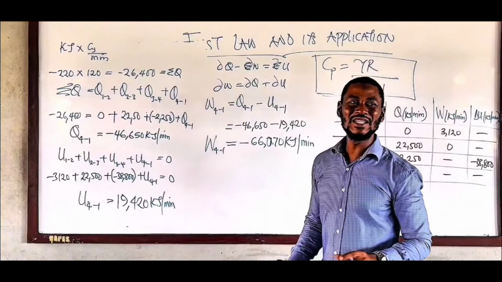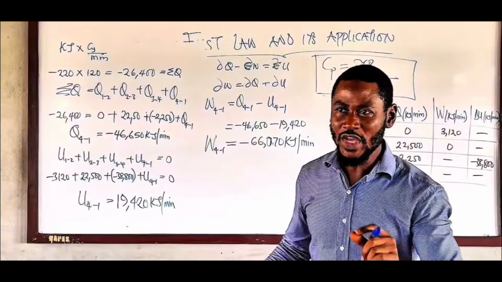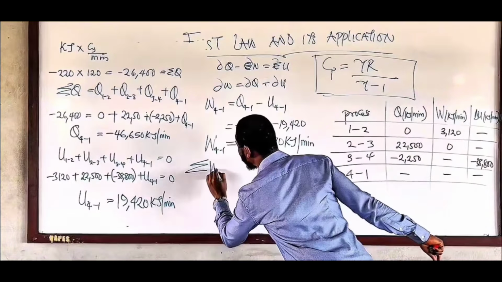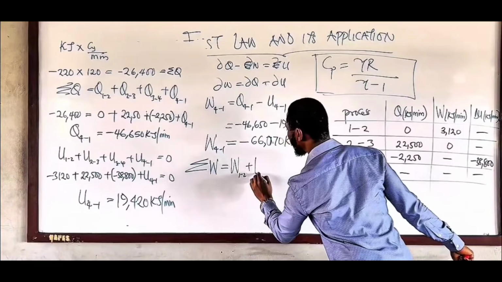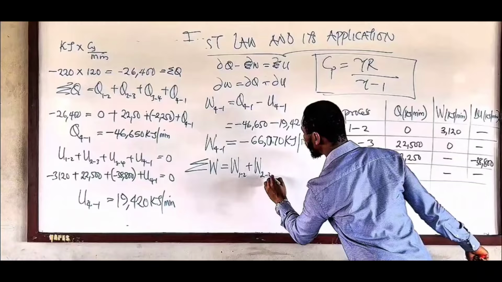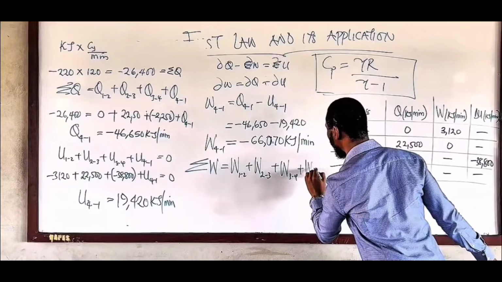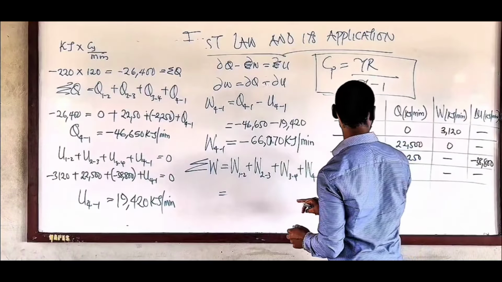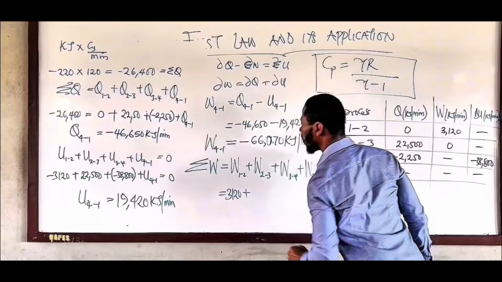You are asked to determine the total work output in the system, which means the net work output. The summation of W net equals W1 to 2 plus W2 to 3 plus W3 to 4 plus W4 to 1. So you add up everything. 1 to 2 is given as 3120.